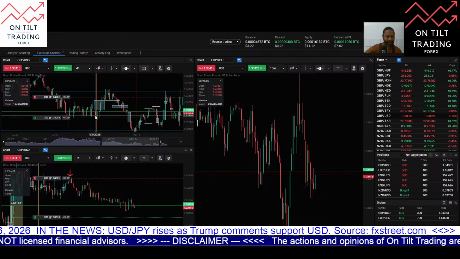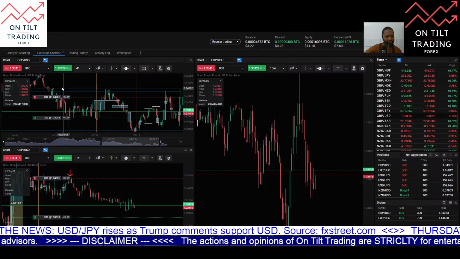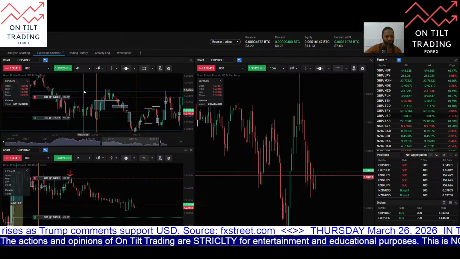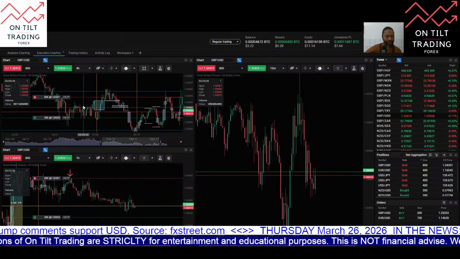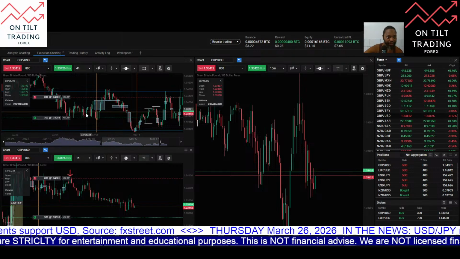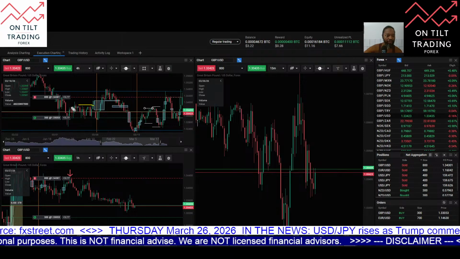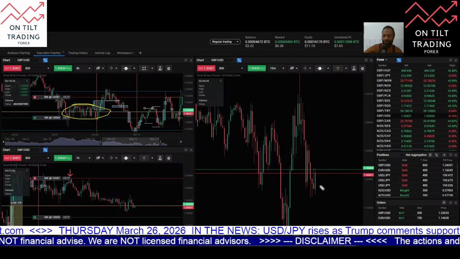But let's say here's a box. Here to here. There's definitely a consolidation area right here on the 4 hour for sure.